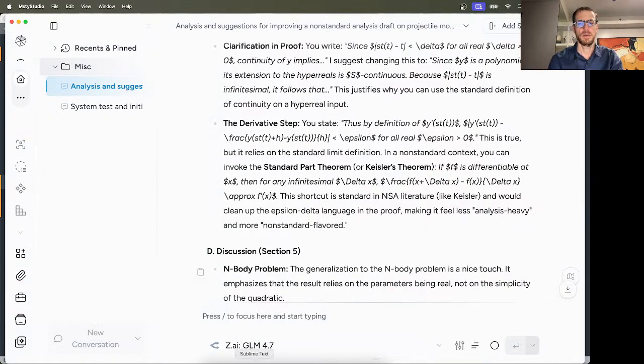And then let me just check, is this true, what they say about Kiesler's theorem? You know, maybe the AI is hallucinating it.